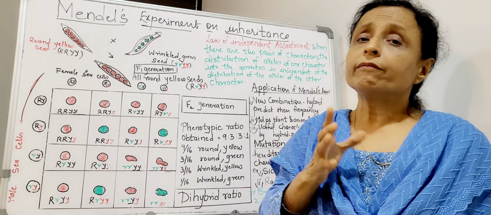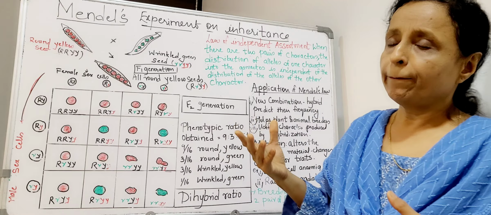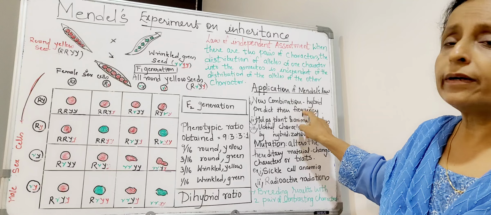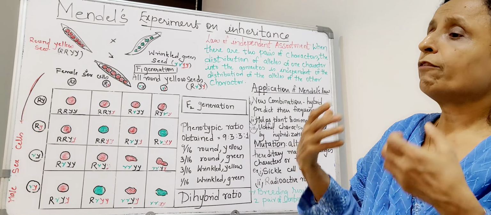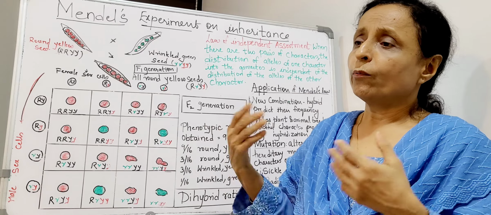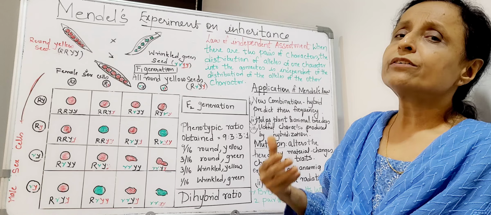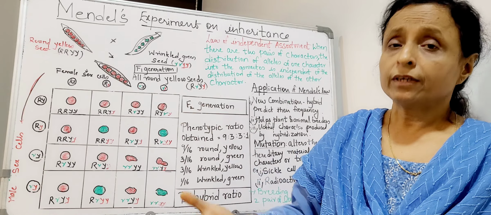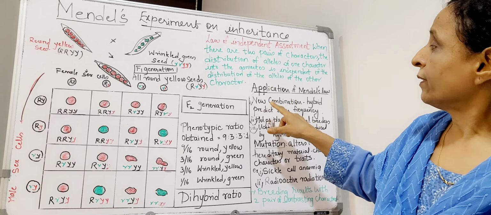Now, the laws Mendel had given have applications, that is, new combination hybrids predict their frequency. Like the breeders of animals, maybe cow, buffalo, obtaining more milk, that combination can be tried, and the probability of the progeny getting that character depends upon the law.